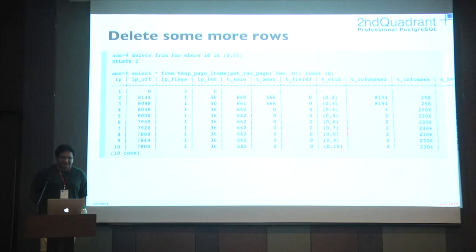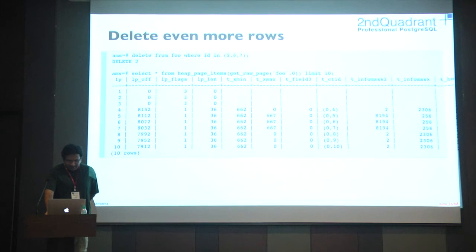Now, this is kind of like Vacuum, but it's implemented slightly differently. When you are accessing pages, if conditions are right, if it wouldn't interfere too much with performance, and if it's actually worth defragmenting, the page will be defragmented on the fly.